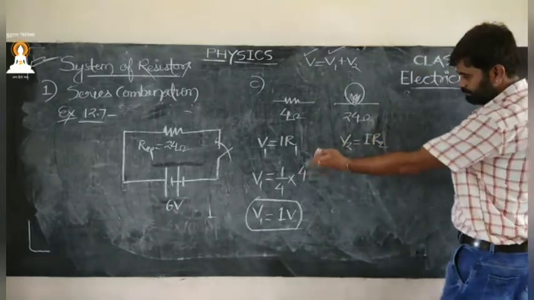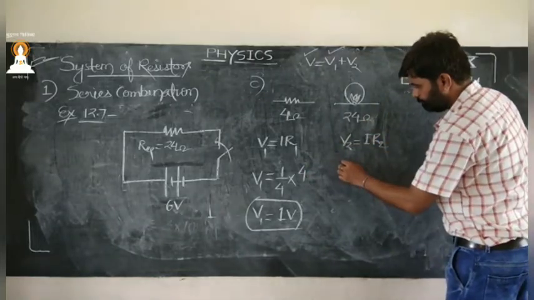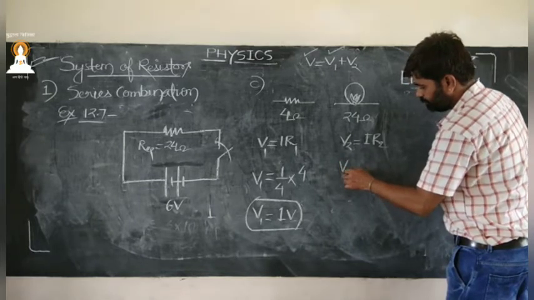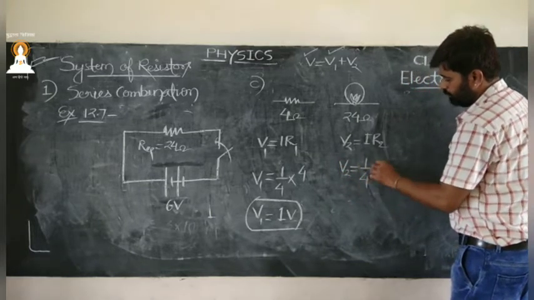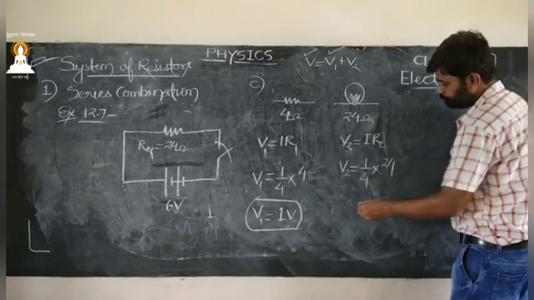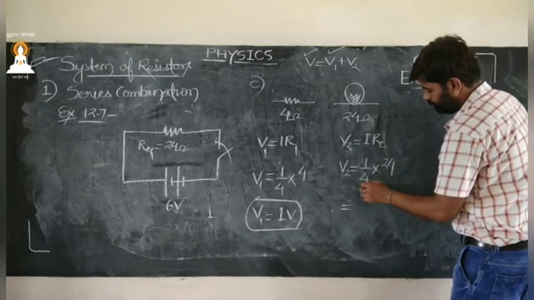Another way is this. V2 will be equal to 1 by 4 into R2.